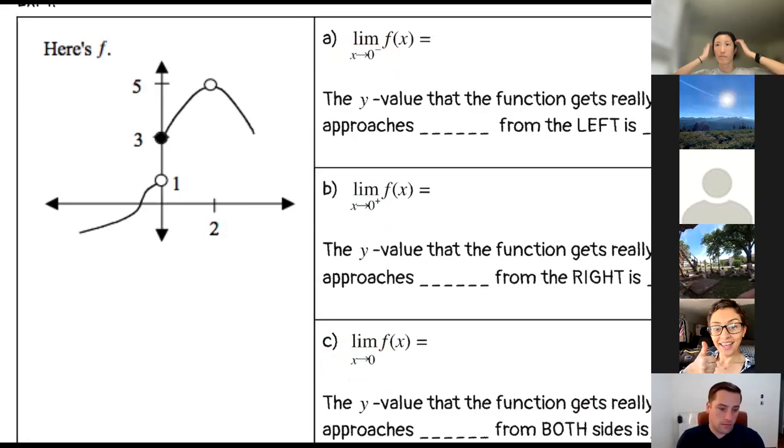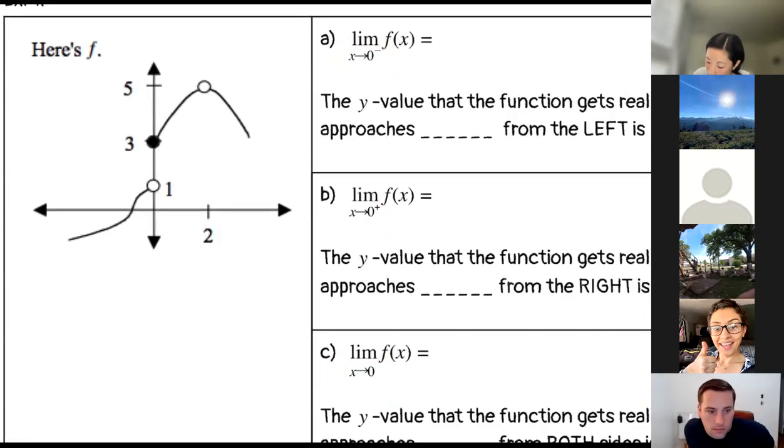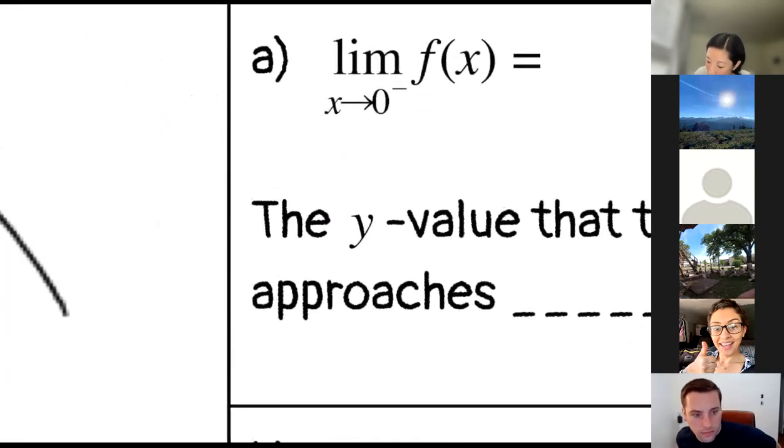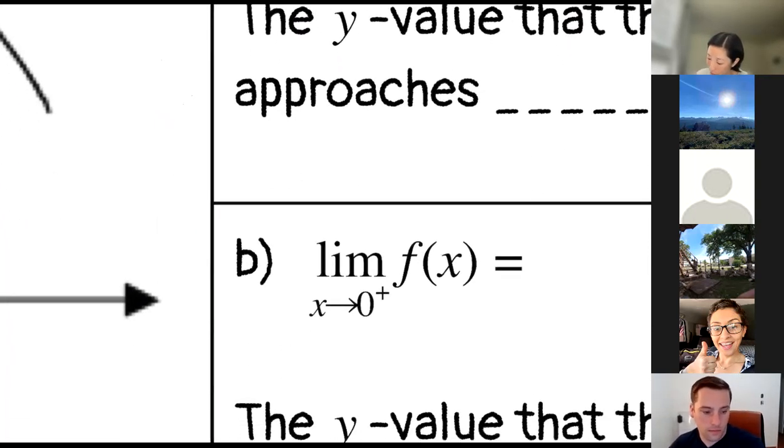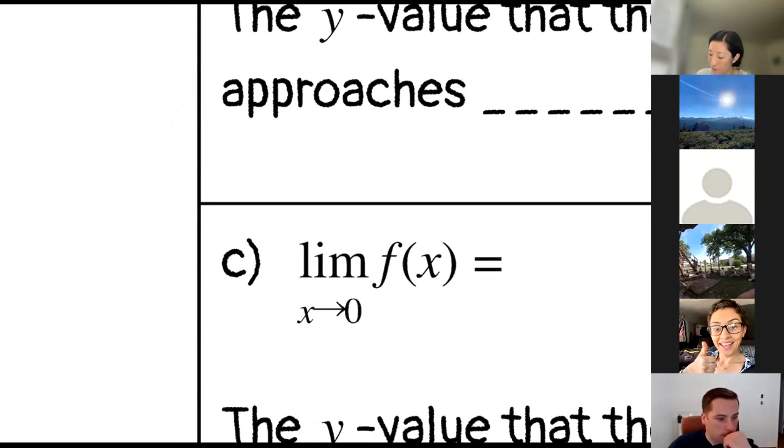The presence of the sign. Yeah, the plus and minus signs, exactly. If I zoom in even more, we have the tiniest little minus sign here that we don't want to miss. If we look at the second one, we have a tiny little plus. And if we look at the last one, we don't have anything at all.